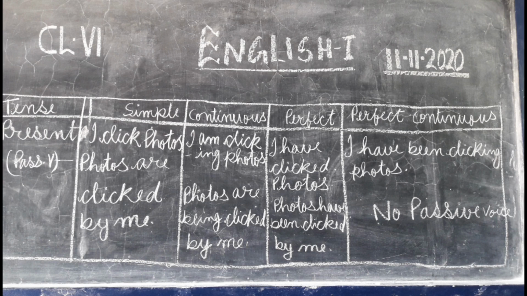Then perfect tense. I have clicked photos. Photos have been clicked by me. Perfect continuous tense. I have been clicking photos. Here there is no passive voice. This is only active voice in perfect continuous tense.